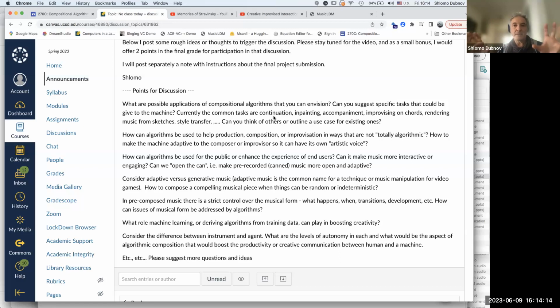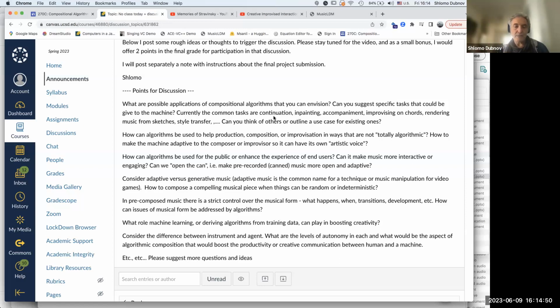This is really in more of an improvisation setting or a production setting, where the computer can perform tasks which are relatively complex in terms of musical knowledge, but well defined. So you have a missing piece or a sketch, and you want a computer to complete the missing part, and you want it to create an accompaniment and so on. Style transfers. So the question is, what would be the other uses?